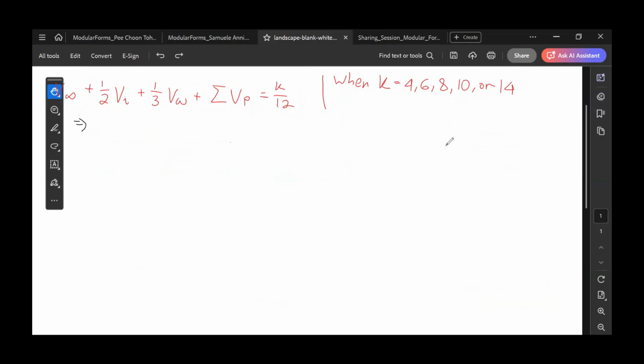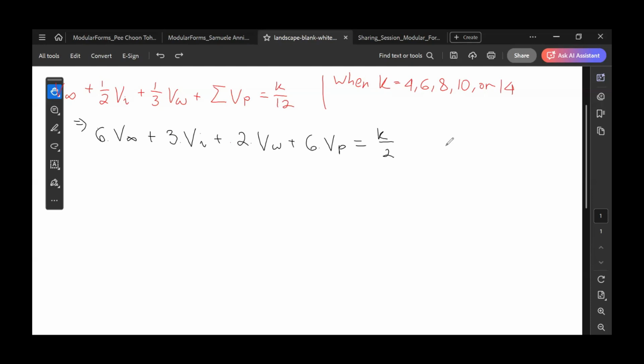We multiply it by 6, maybe. So 6 times f at infinity plus 3 times f at i plus 2 times f at omega plus 6 times f at the other points equals k over 12 times 6, that is k over 2.